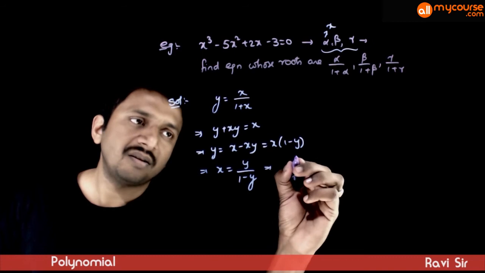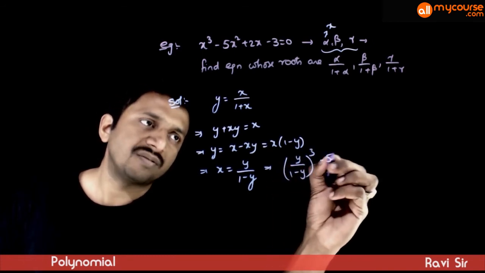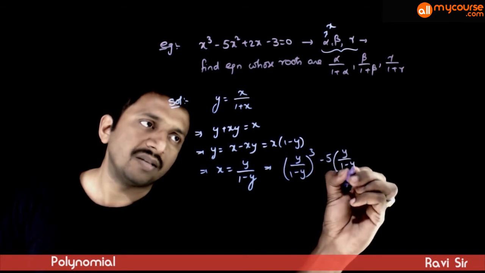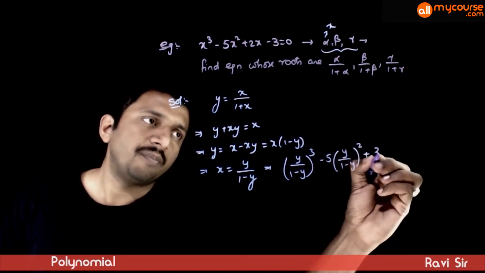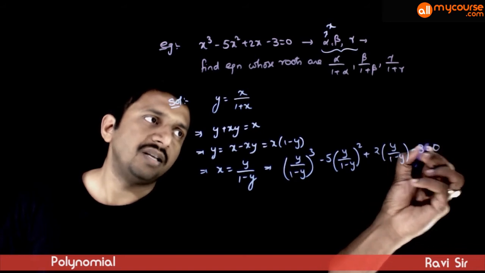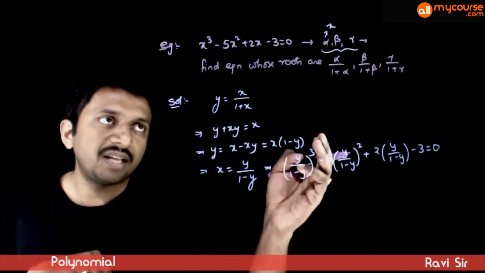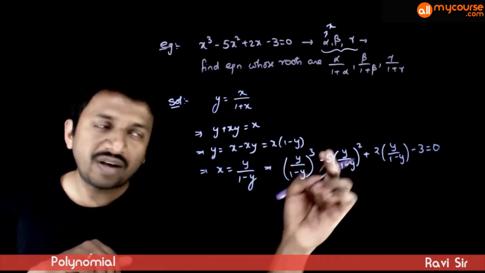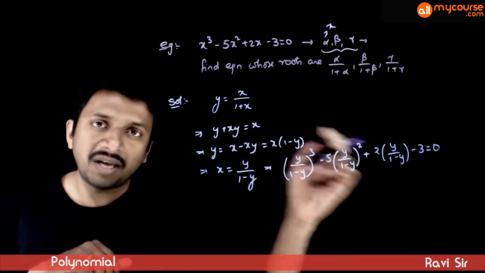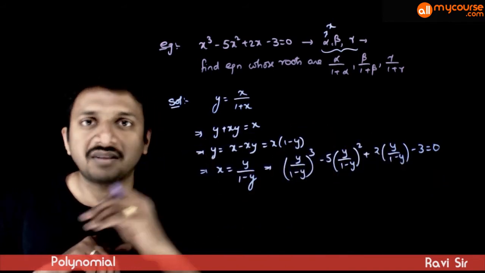But we know that x satisfies this equation. This implies y by 1 minus y whole cube minus 5 times y by 1 minus y whole square plus 2 times y by 1 minus y minus 3 is equal to 0.